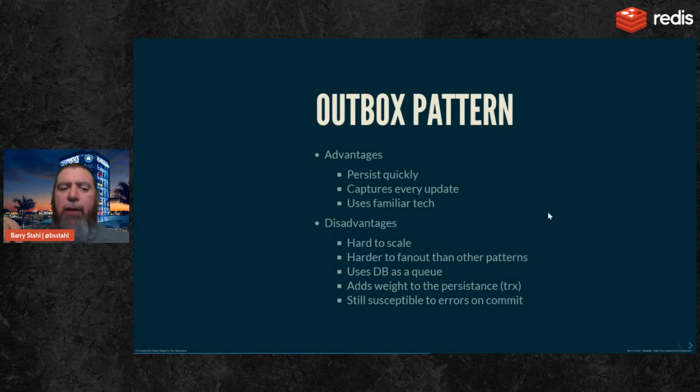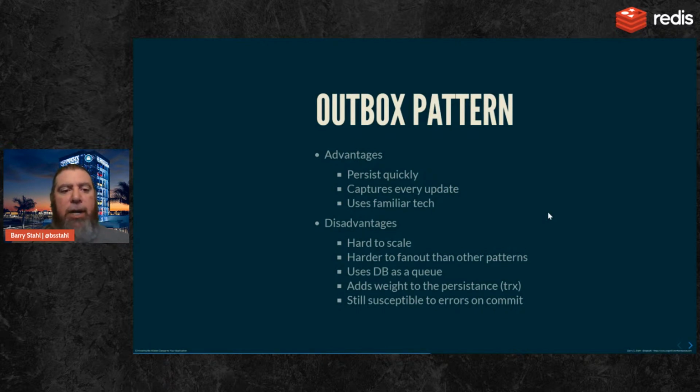It's also harder to fan out than other patterns. But by that, I mean, it's harder to use this to do another thing. Like if we wanted to then also trigger the downstream operation that actually does the work, we would probably have to add another column to our database or add another command that's another table to our database. So you have to make fairly significant changes to allow it to fan out to multiple processes as well.